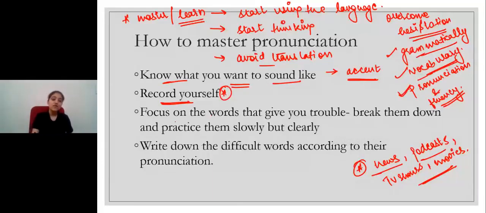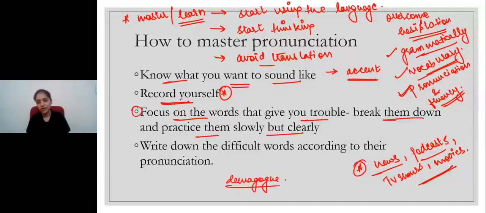The next point says, focus on the words that give you trouble, break them down and practice them slowly but clearly. There are words in the English language that you might be facing problems with. I'll give you an example. There's this word called demagogue. You do not need to know the meaning of this word right now.